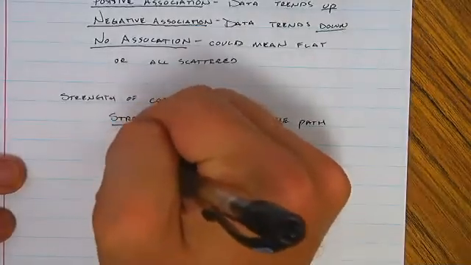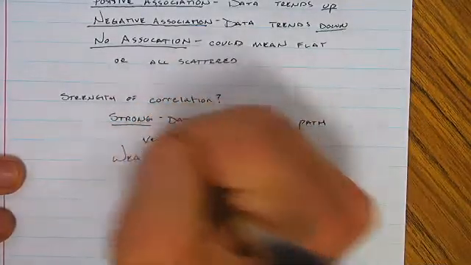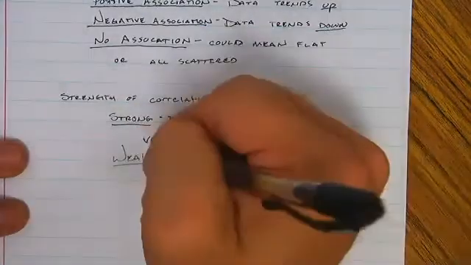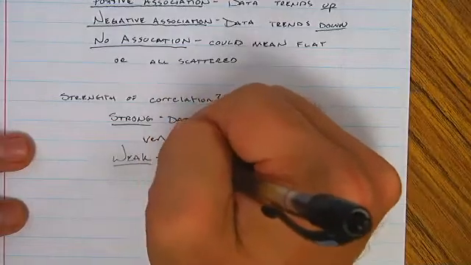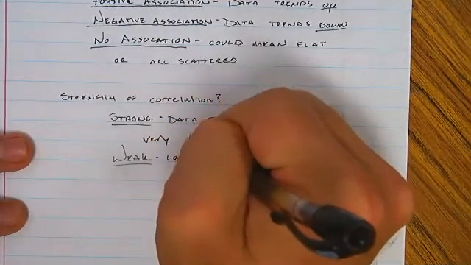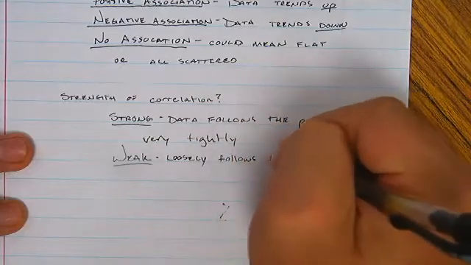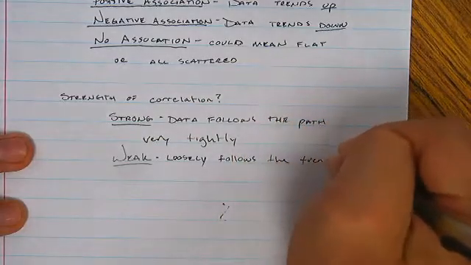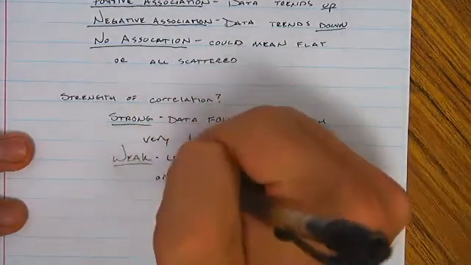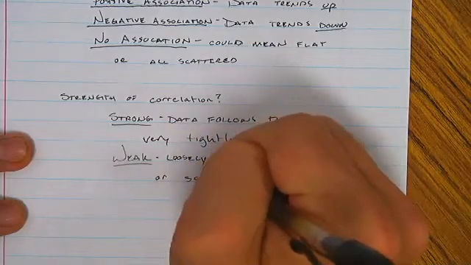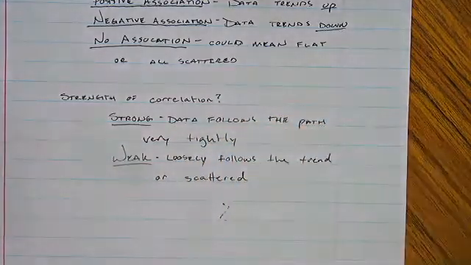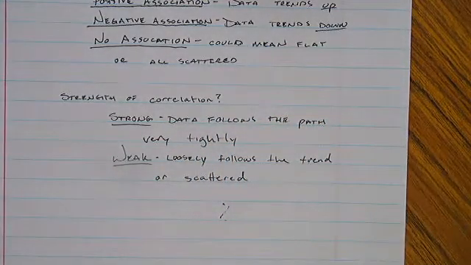And then of course if it's not strong, it's going to be weak. And again, this can be where it loosely follows the trend or scattered. If it's scattered all over the place, we could almost say there is no strength there.